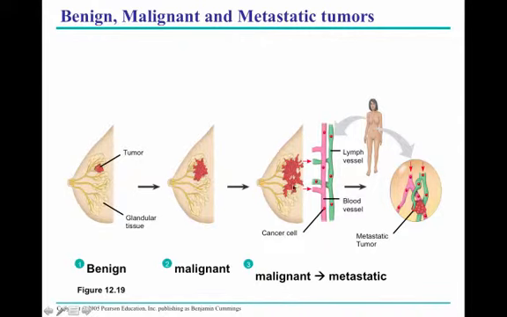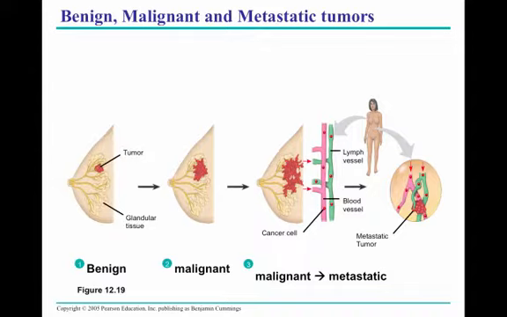So you can have breast cancer with metastasis to the lungs or to the brain. Those are really common sites of metastasis. So you have one single cell land in the lung, and it is out of control. The cell does not listen to the cell cycle control mechanisms, and tumor development results.